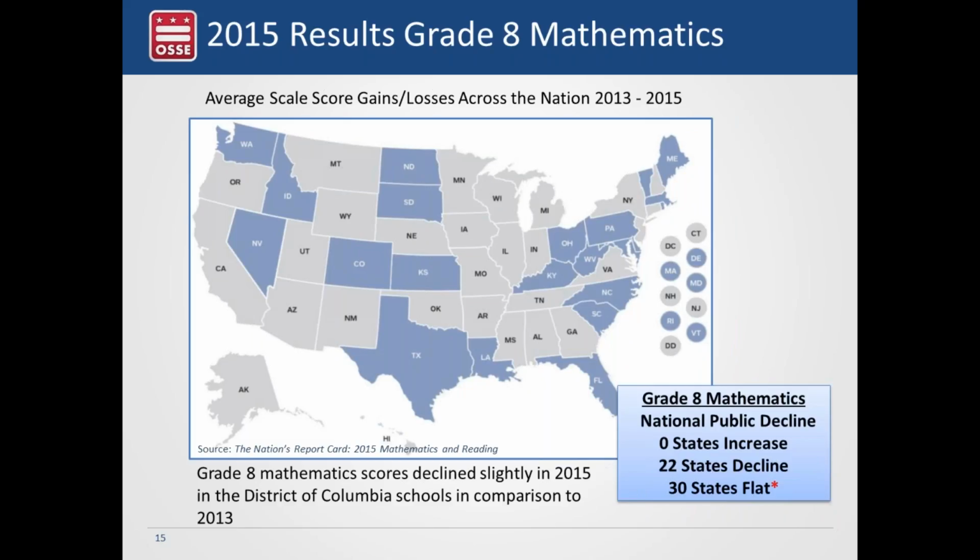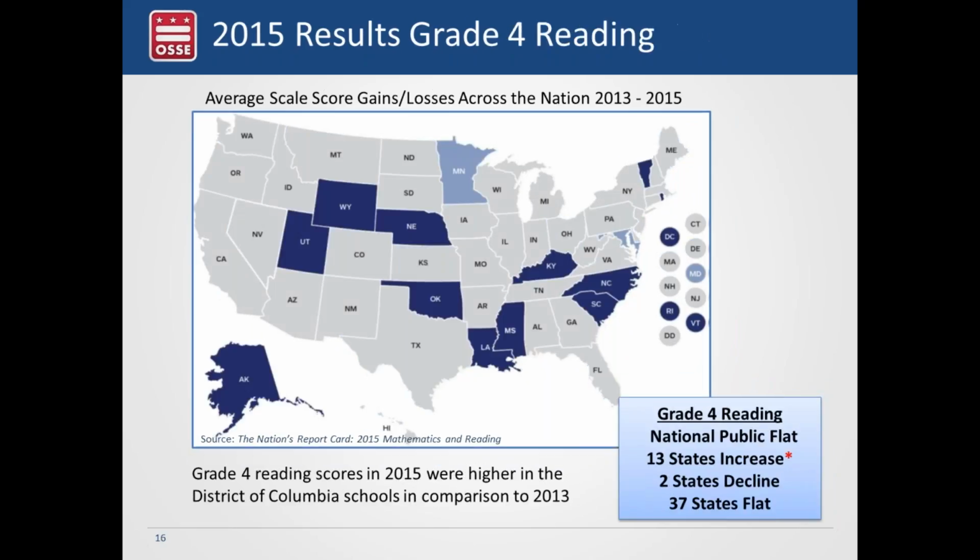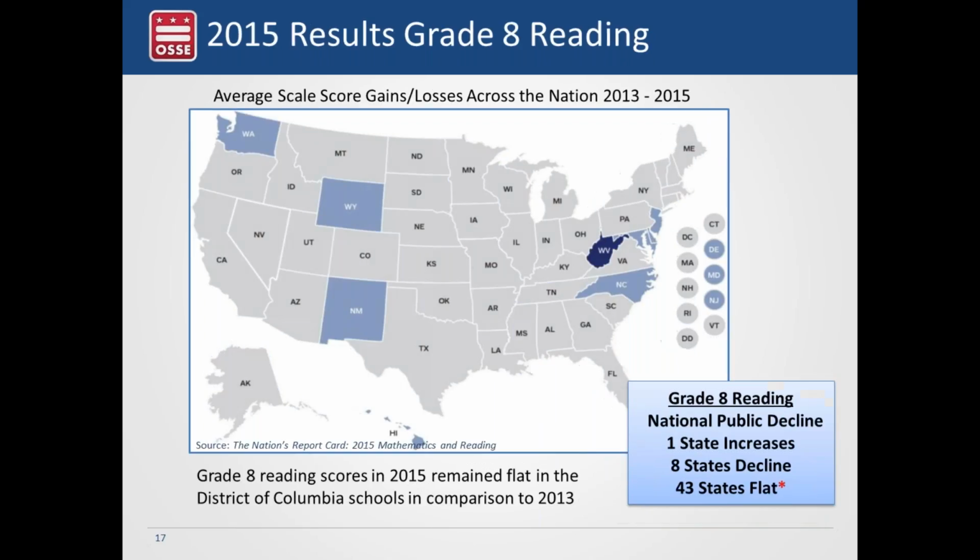Grade 8 mathematics scores declined by 1 point from 2013 to 2015, but the drop was not statistically significant, so the results were considered flat. The grade 4 reading showed gains from 2013 to 2015. And the grade 8 reading scale scores were flat.